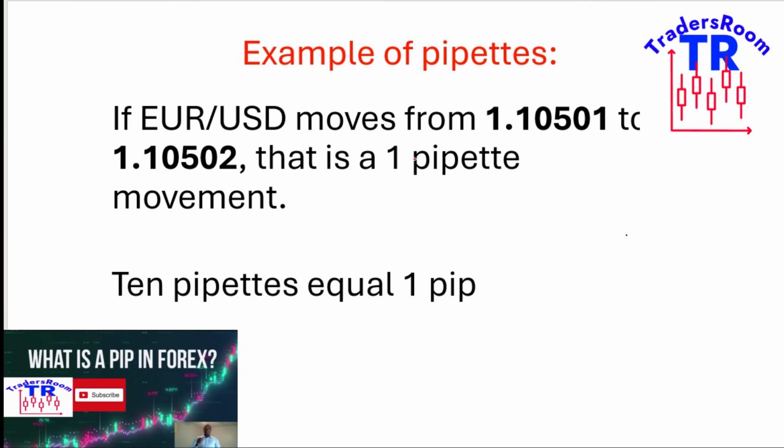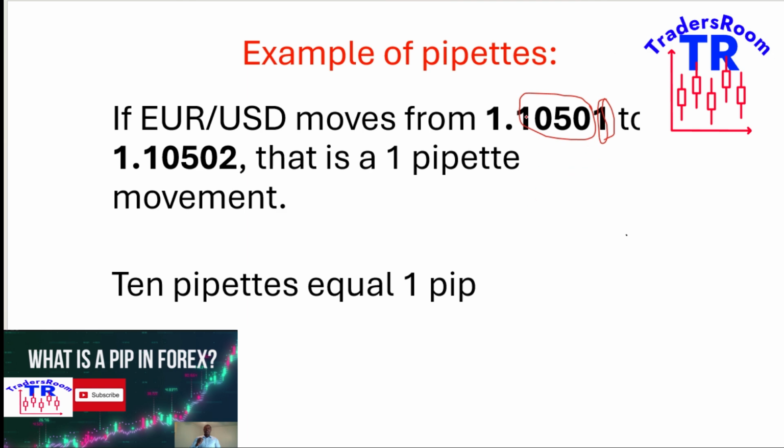That is one pipette. Do not quickly forget that we said that a pip is the fourth decimal place. But the fifth decimal place is the pipette. So in the area of pipette, we do not really use this value.